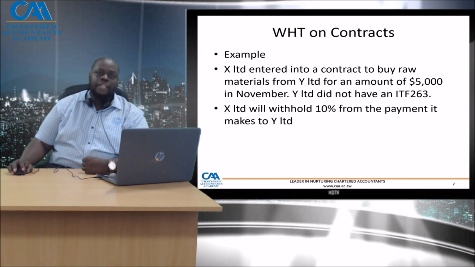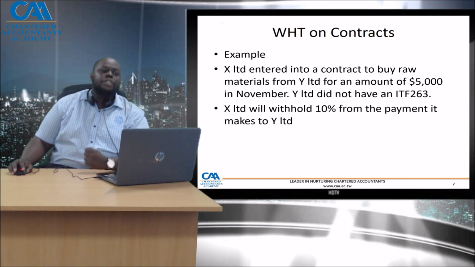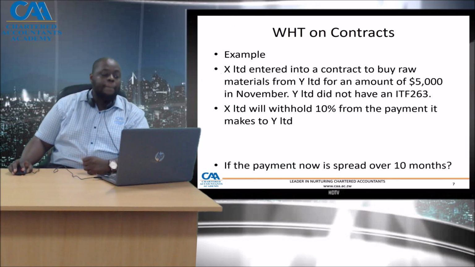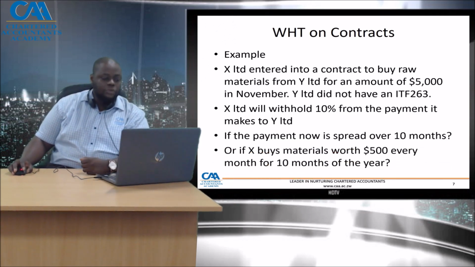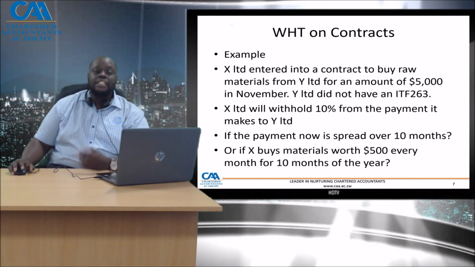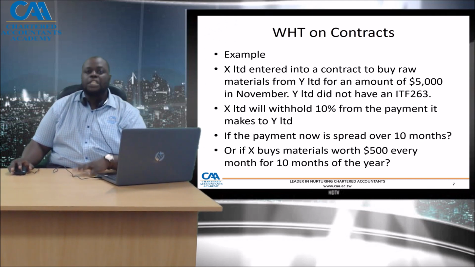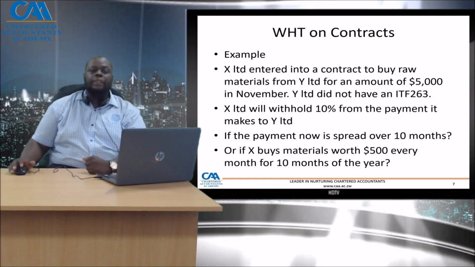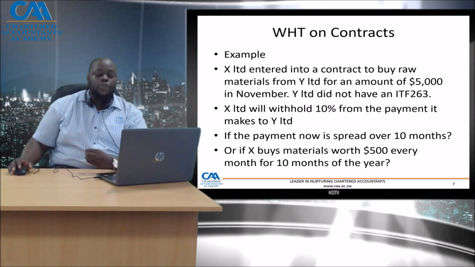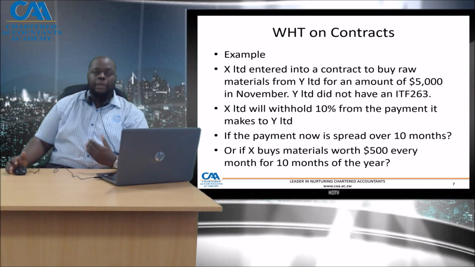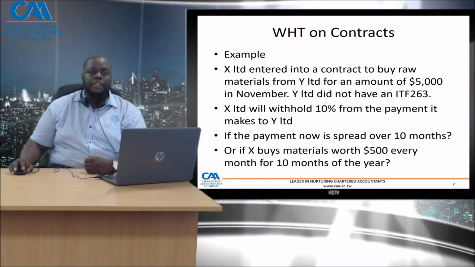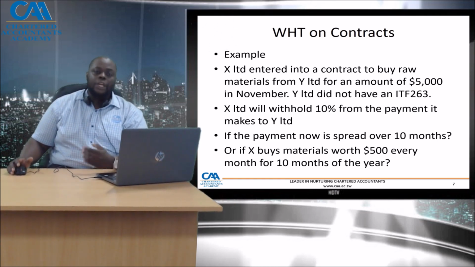Another question that might arise from that is, what if X Limited only buys raw materials worth $500 a month from Y Limited? Would they still have to withhold the $50? In this case, the contract is not for the full $5,000. Therefore, for the first 2 months that they're buying these raw materials from Y Limited, X Limited will not need to withhold the 10%.